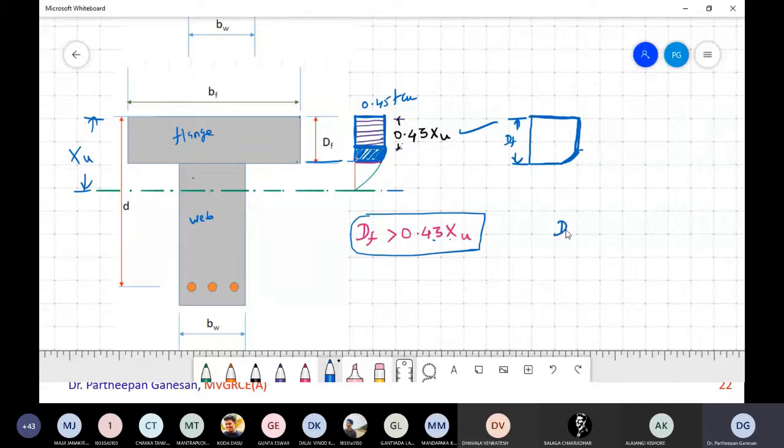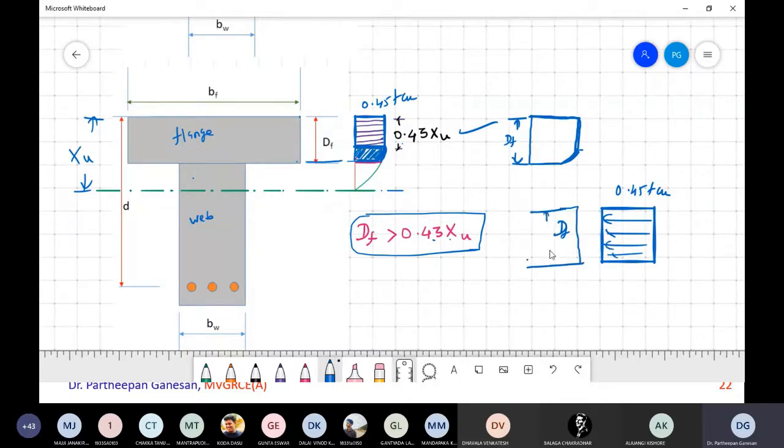In case 2, over the entire depth of Df the stress distribution was only 0.45 fck. Let us say this is Df.